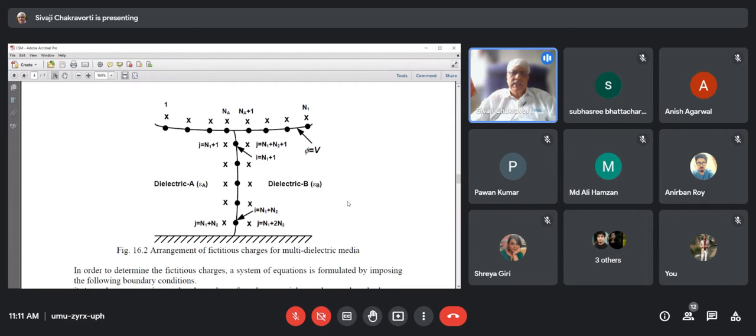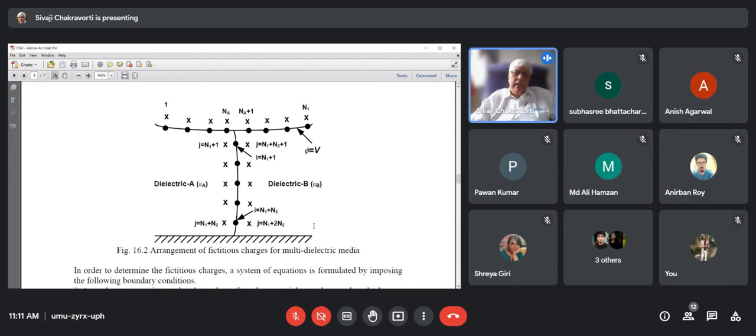So how do I avoid the point of singularity? For that, the proposal or the methodology is that for every point on the dielectric interface, we are not going to take one charge, as in the case of the electrode, but two charges. One set of charges on the dielectric A side, another set of charges on the dielectric B side.